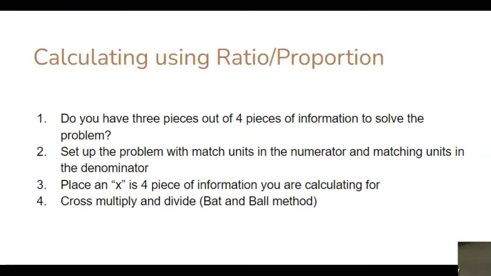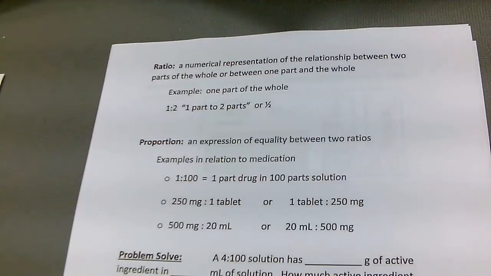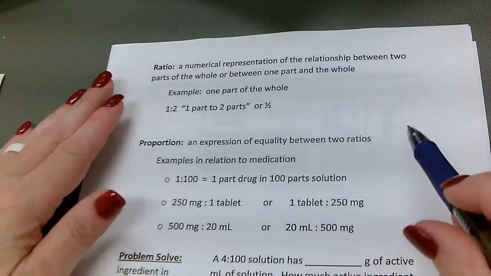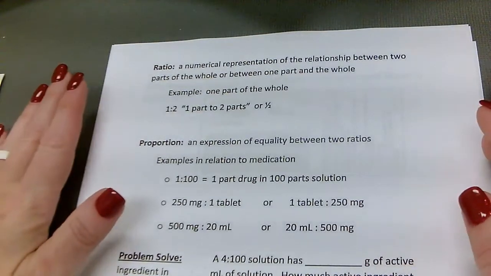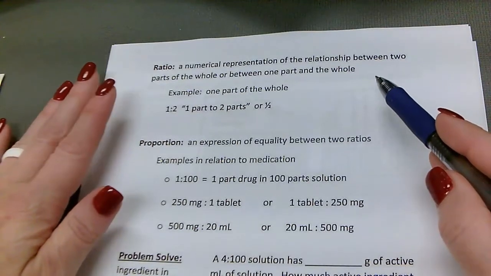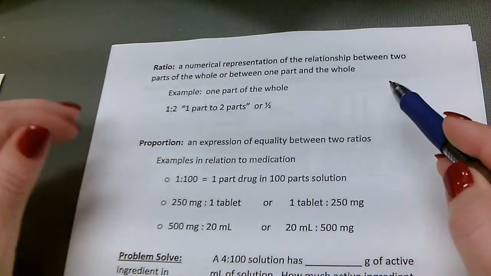And I want to start by saying calculating using ratio proportion. First of all, you got to understand what a ratio is. So let's take a look at that. Okay, so here is some math that we're going to take a look at. A ratio is a numerical representation of the relationship between two parts of the whole or between one part of the whole.